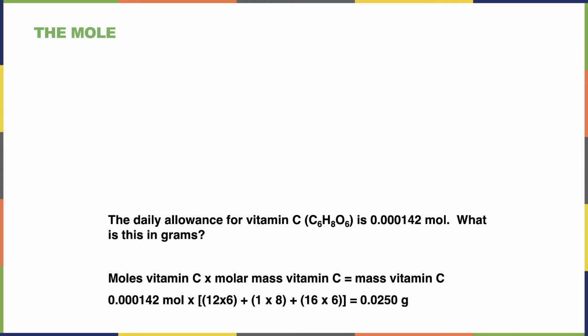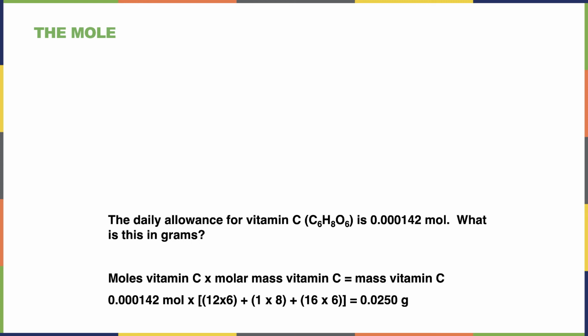So the molar mass of vitamin C is given down here as a calculation. I didn't put a table in there, but it's 12.01 times 6 plus 1.008 times 8 plus 16 times 6, and you add up that and then multiply it times the number of moles you have, and you get 0.0250.